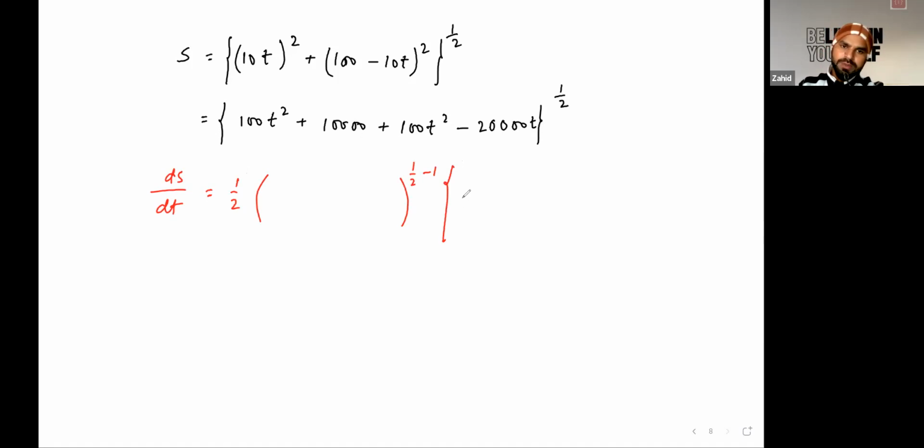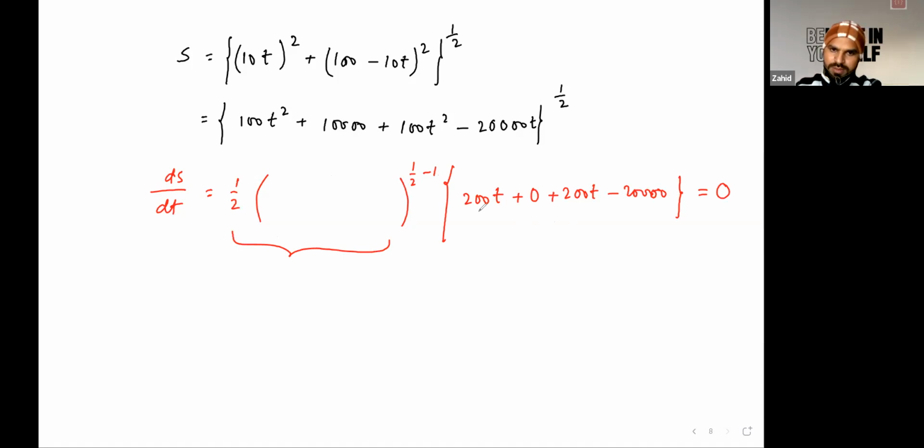Differentiate each term individually, so it will be 200t plus 0 plus 200t minus 20,000, and equate it to 0. This term will have a negative exponent, so on multiplying the right-hand side with 0 it will be 0. So you're left with just this part.